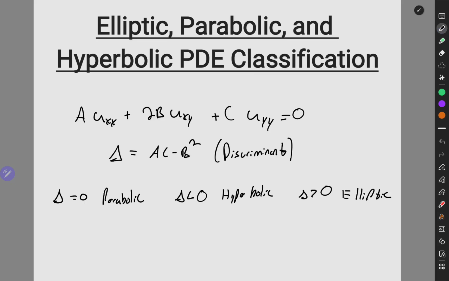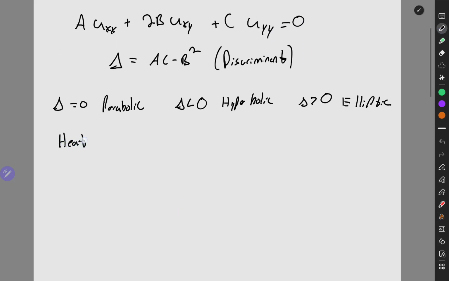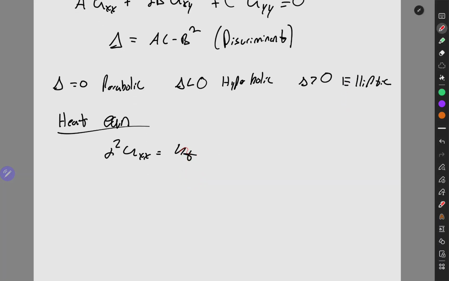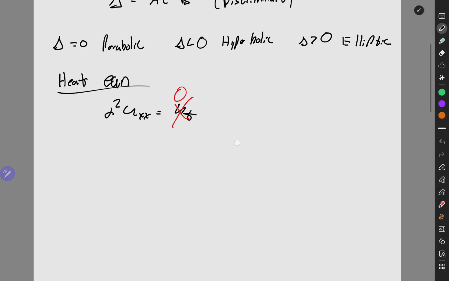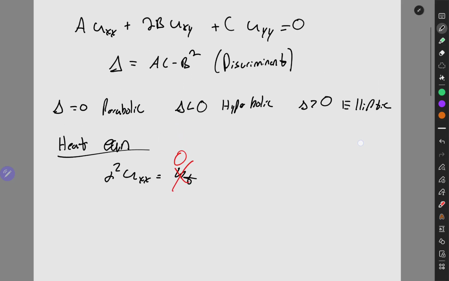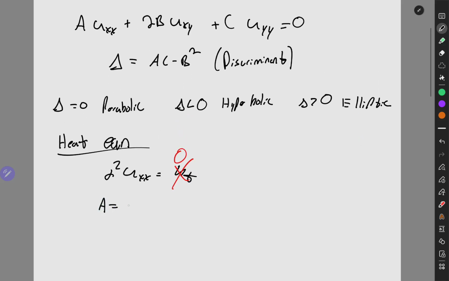But let's start with the heat equation. For this equation, we replace y with t. That's our second variable, right? This is an equation of two variables, t being our second one. But you can see that term is first order, so we just ignore it. Imagine it's 0. Looking at our general form, a is alpha squared, b is 0, c is 0.